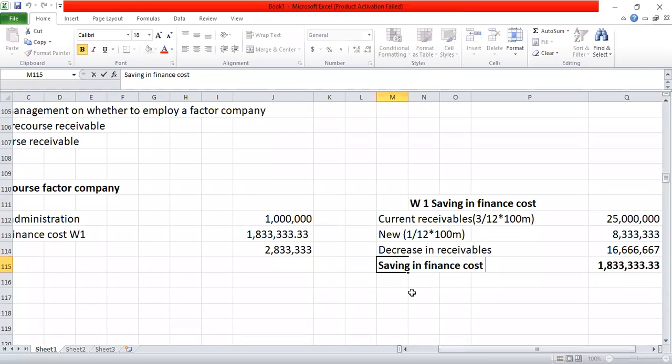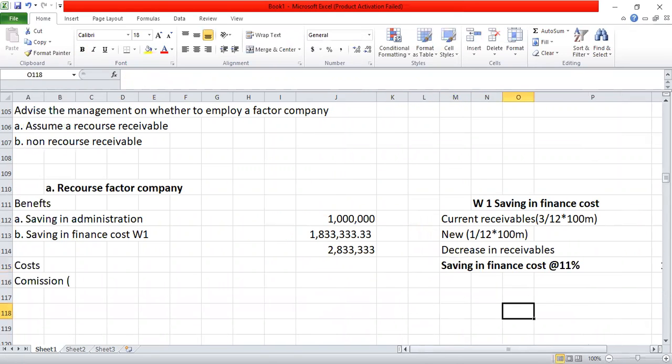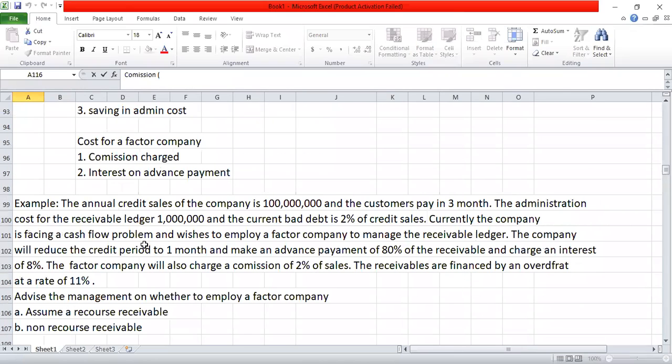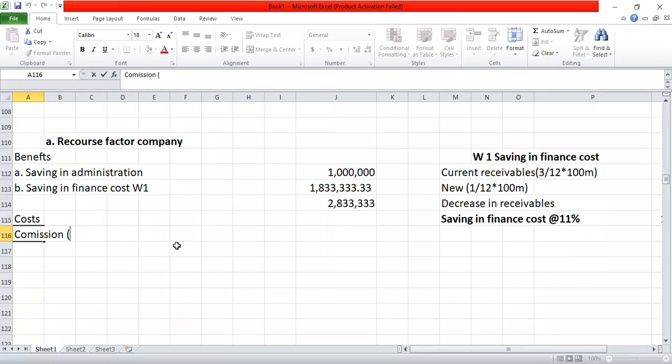So the factor company is charging a commission of 2% on sales. 2% times our sales, which is 100 million.